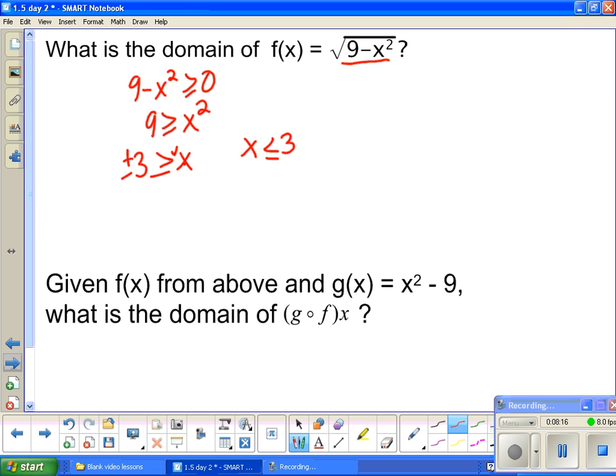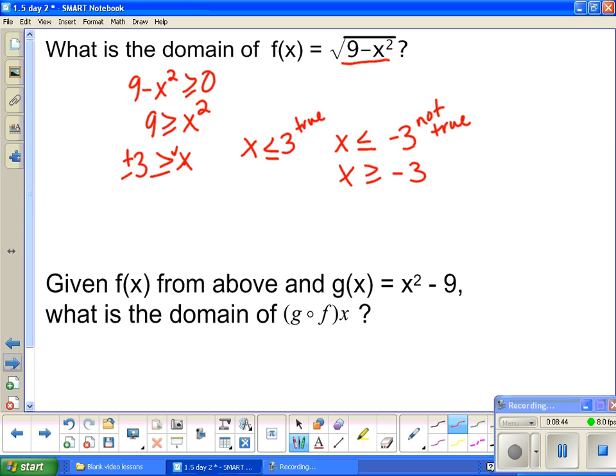So that's true so far. Is x less than or equal to negative 3 true? Let's plug in negative 4. 9 minus negative 4 squared, 9 minus 16. That is not true. So I'm going to switch the inequality and see if that's true.